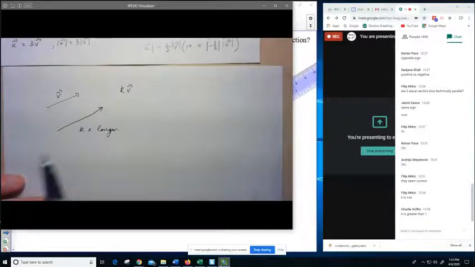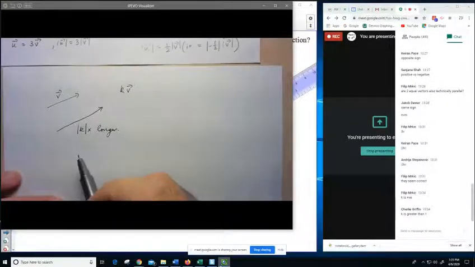Value of k. There you go. As we say, it's absolute value of k times longer than the original vector. Now, somebody said greater than 1, but it could be half times, which just means it's half the length. So definitely k could be between 0 and 1, okay?